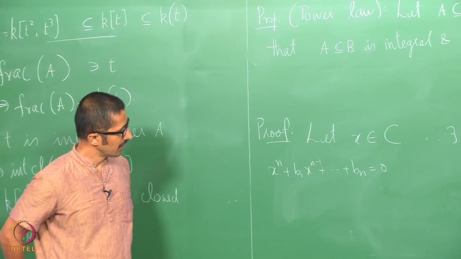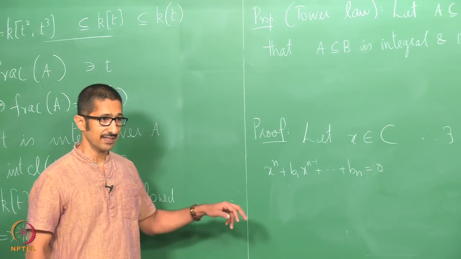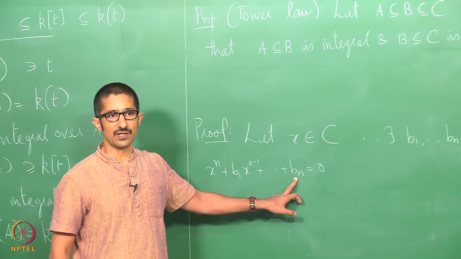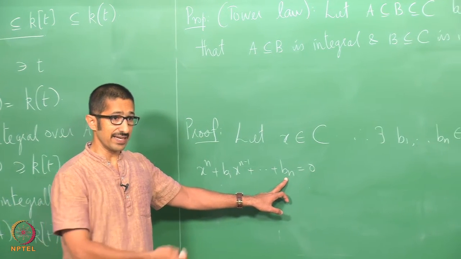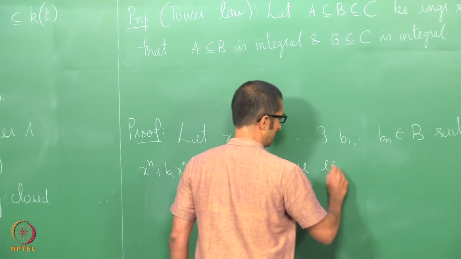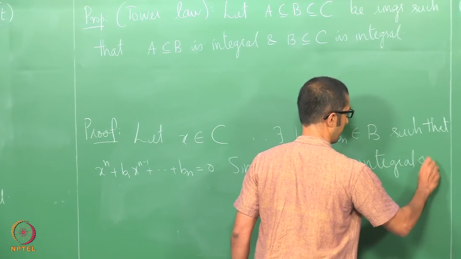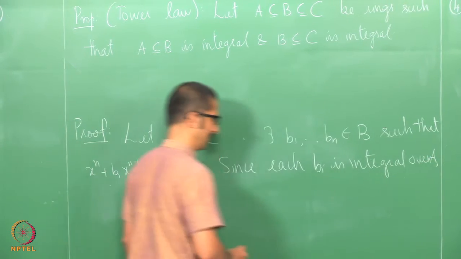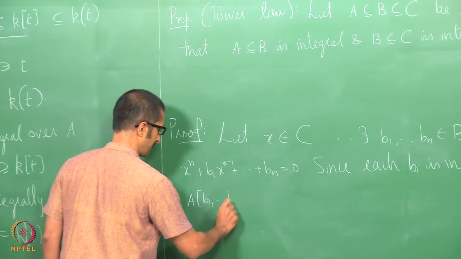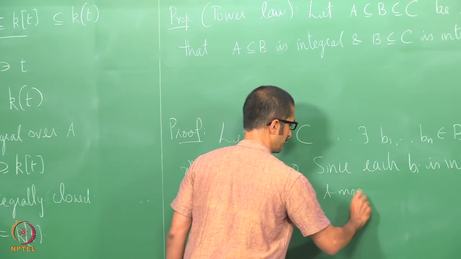Now, what do we know about B? B is integral over A. That means each bi is integral over A. This is equivalent to saying that A adjoined b1 up to bn is a finitely generated A module.